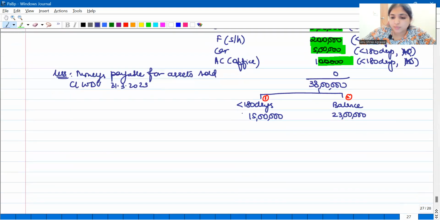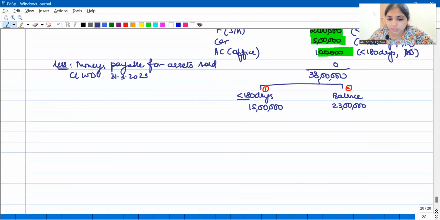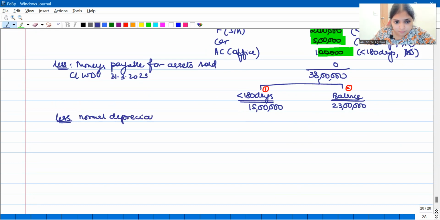All right, now we have split this 38 lakhs number into less than 180 days and balance. Now what to do? First we'll calculate normal depreciation, guys. So less than 180 days normal depreciation. Please show the calculation. 15 lakhs into the depreciation rate. Should I write 7.5% because less than 180 days, because half year's depreciation?